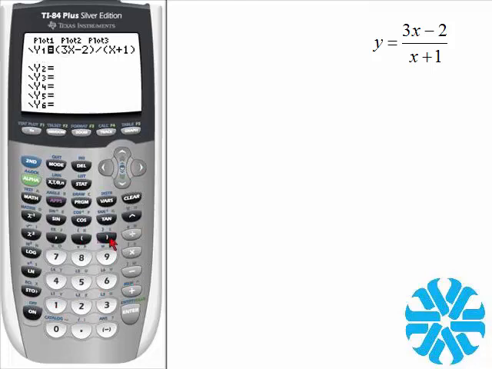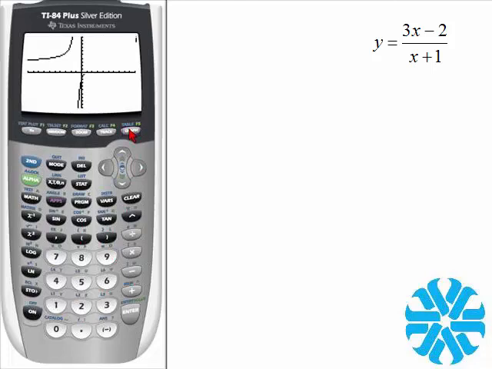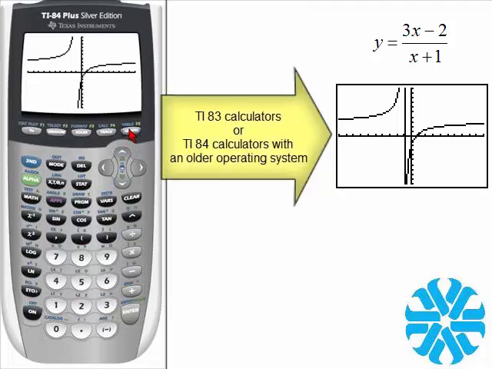Alright, so now if we go ahead and graph this function, again it's going to graph the function in connected mode. Now again, if you have a TI-83 series calculator or an older operating system for the TI-84 series calculator, your graph will include the vertical asymptotes as shown in the window to the right.